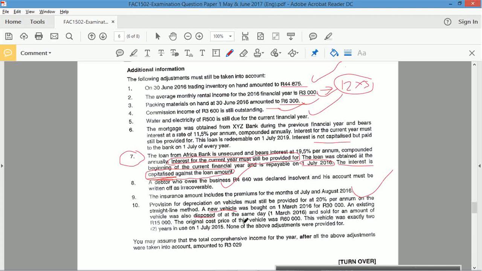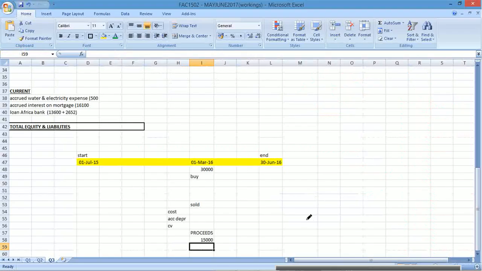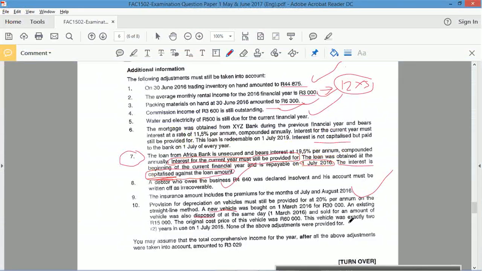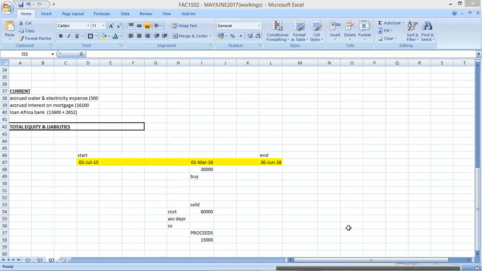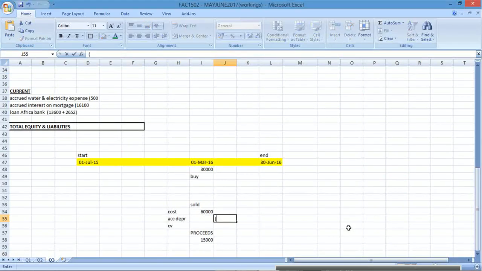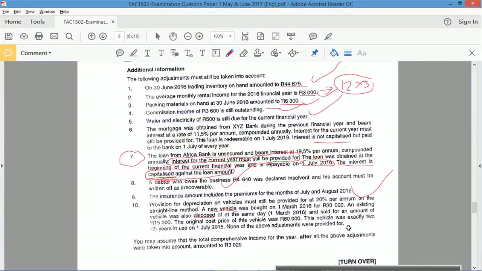The original cost price of this vehicle was 60,000. The vehicle was exactly 2 years in use on 1st of July 2015. Now the adjustments were provided for. So we need to look at 2 years of depreciation. 2 years old. Okay, what else?